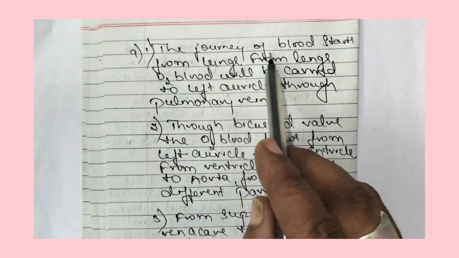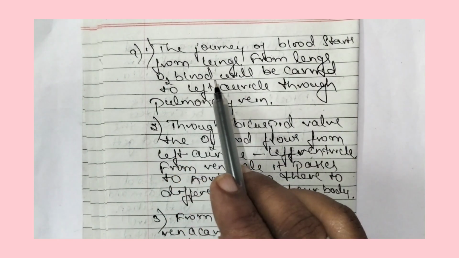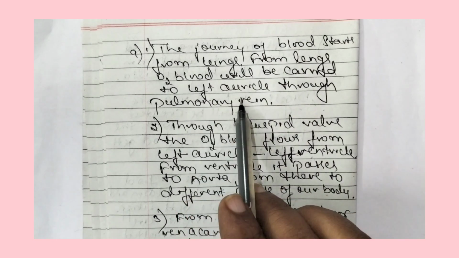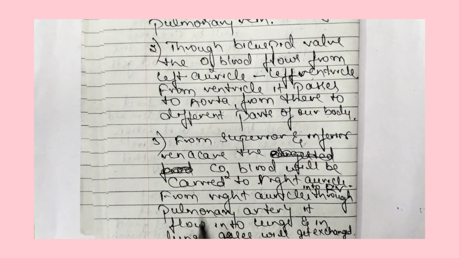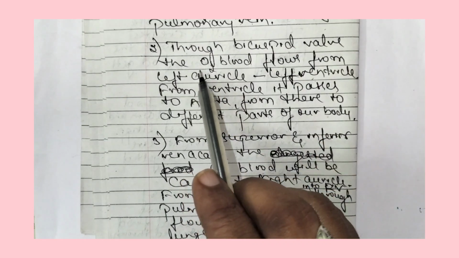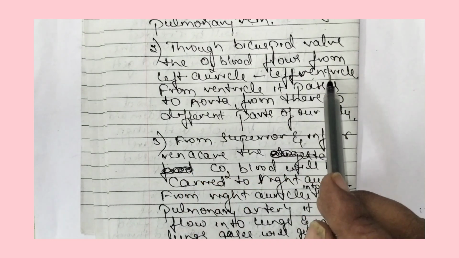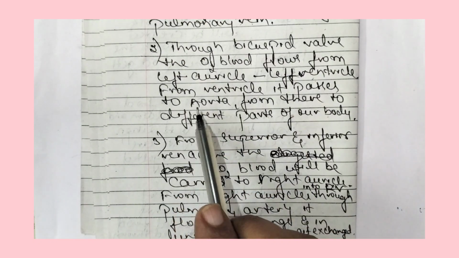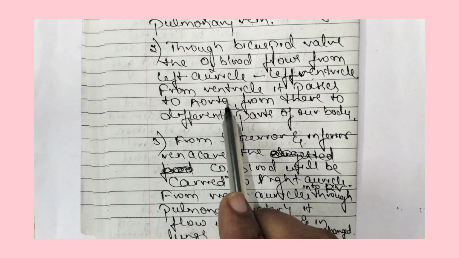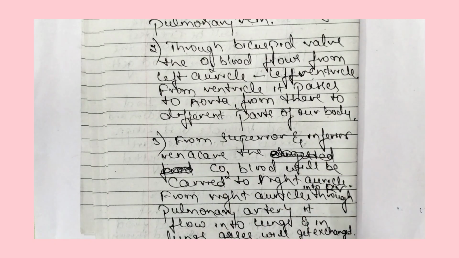So the journey of blood starts from lungs. From lungs, oxygenated blood will be carried to left auricle through pulmonary vein. Then through bicuspid valve, the oxygenated blood flows from left auricle to left ventricle. Then from left ventricle it passes to aorta, which is the biggest artery. From there to different parts of our body.